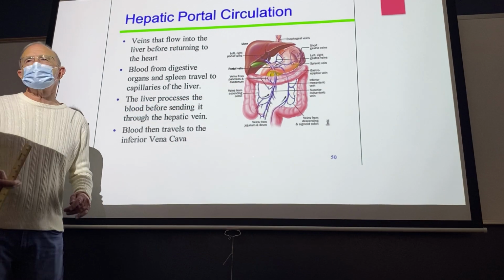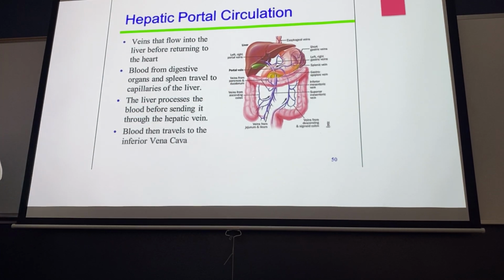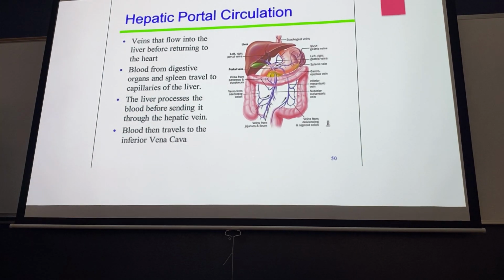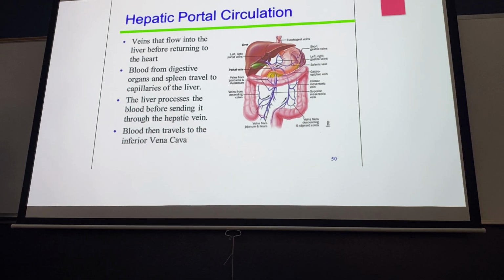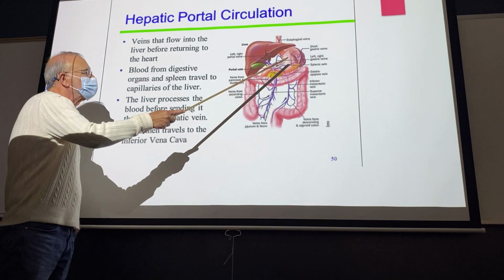The spleen basically is going to be responsible for the recycling, for lack of a better term, of red blood cells, which when they're broken down produce certain compounds that once again you need to filter out before they're returned back to general circulation.